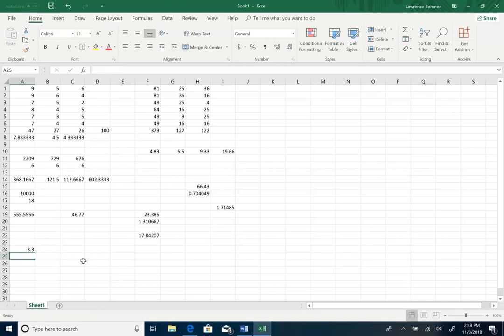That's a difference of 3.3 for A minus B. For A minus C, we'll go 7.8 minus, we'll just call this 4.3. So that's A minus C. And now let's figure out B minus C. That's going to be 4.5 minus 4.3.